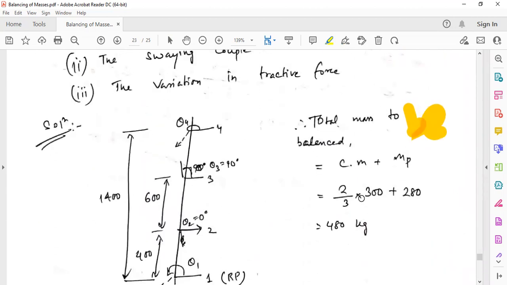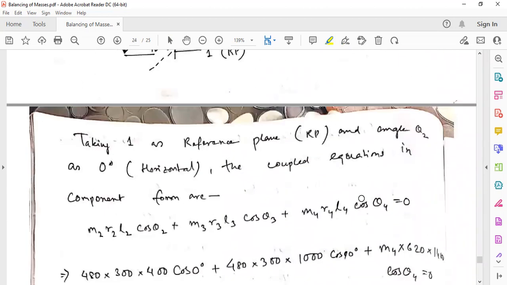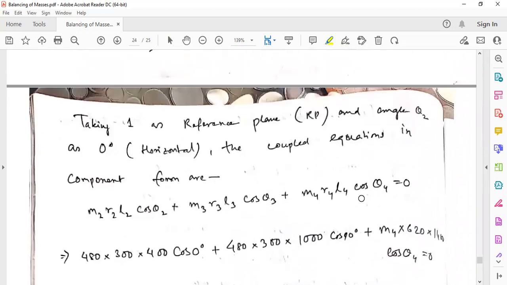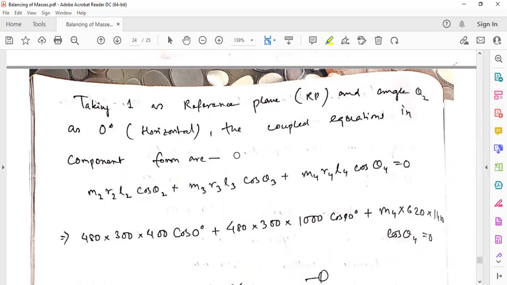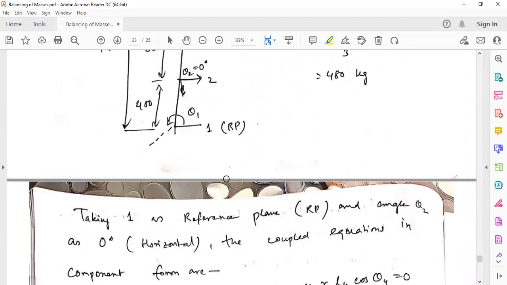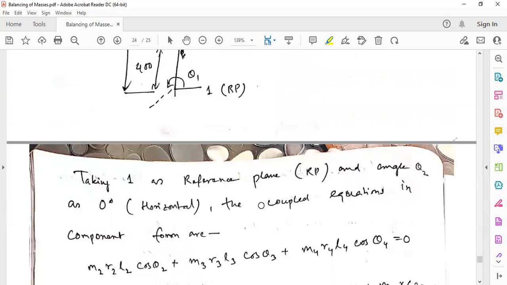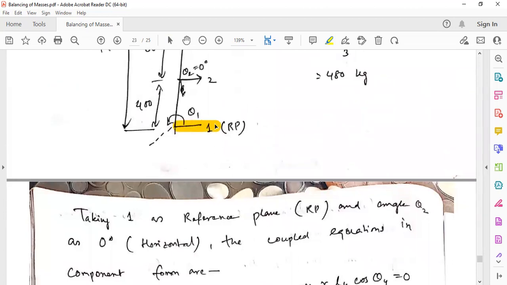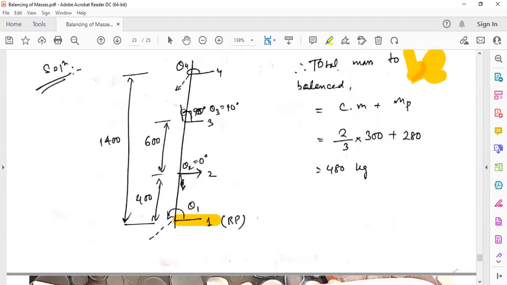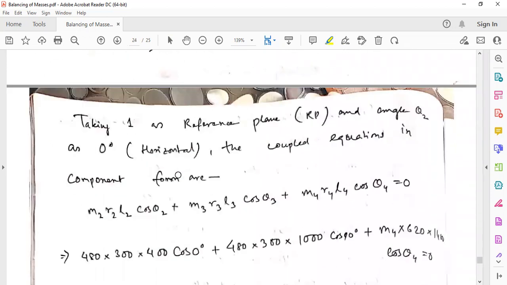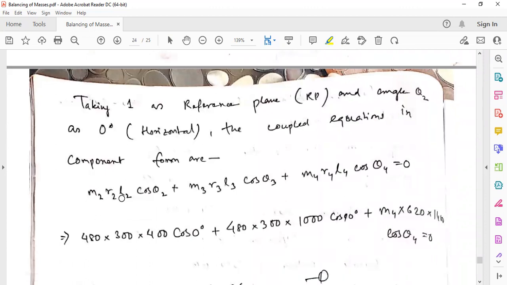Now what is the rest of the problem? Just use the concept of balancing of rotating masses. Take this as the reference plane. When you take this force, this force and this force about the reference plane, all three will form a couple, and we have to multiply by the lengths.